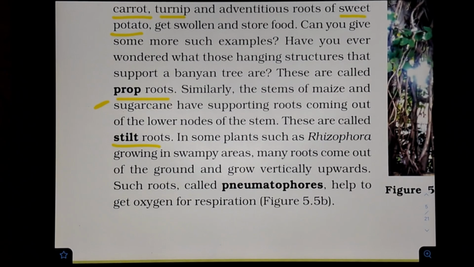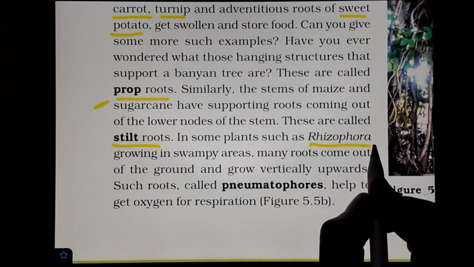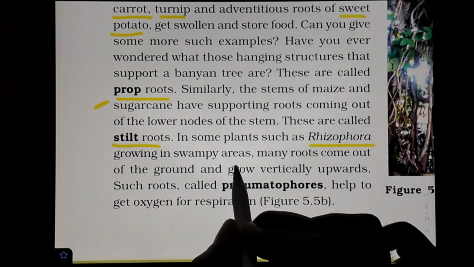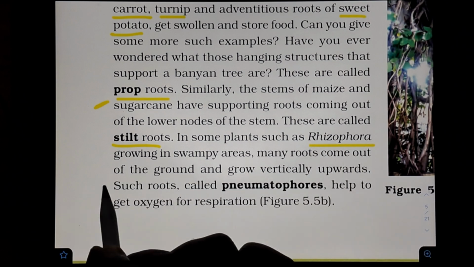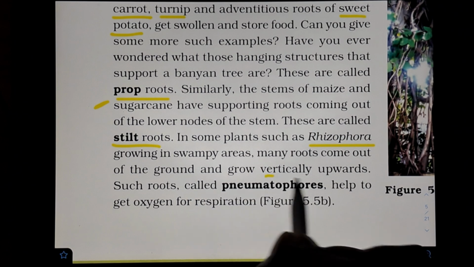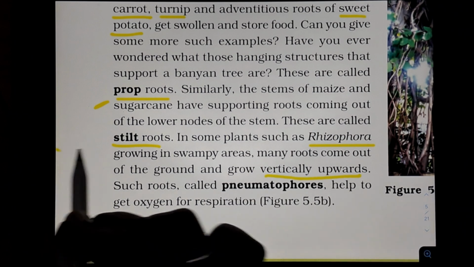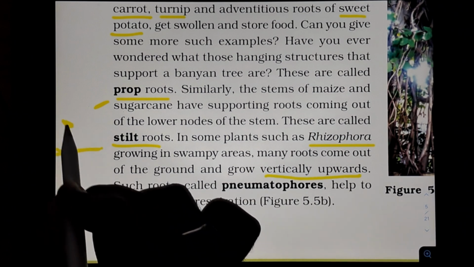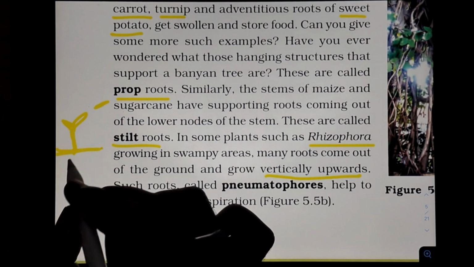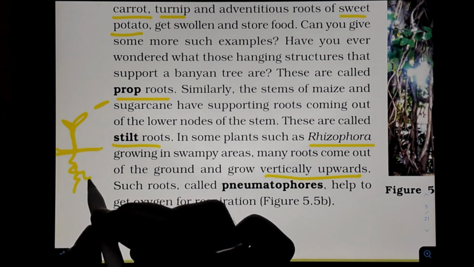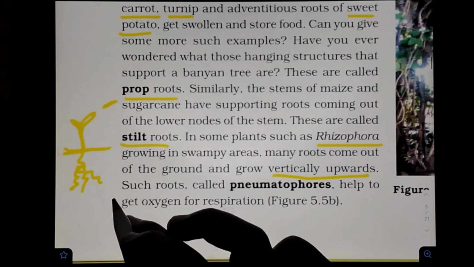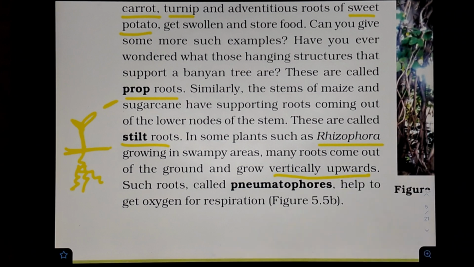Next, in some plants such as Rhizophora, growing in swampy areas, many roots come out of the ground and grow vertically upward. Actually, suppose if this was a plant, the root will grow downward towards gravity.